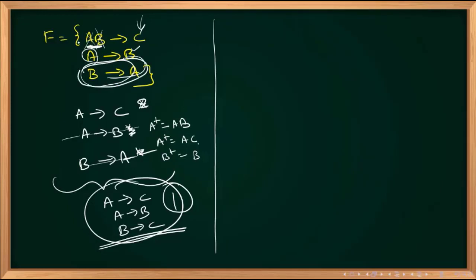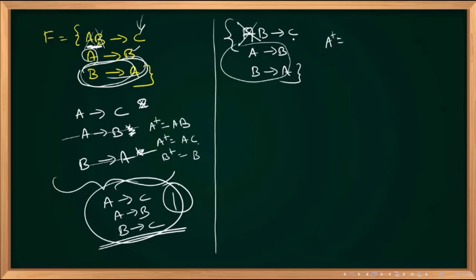Another person could have taken this B to A and checked, can I remove A? Now same thing I am writing. AB determines C, A determines B, B determines A. First person is checking, can I remove A? How will you check? He will take a B closure, leaving out the removed one, with the other attribute, are you getting A or not?